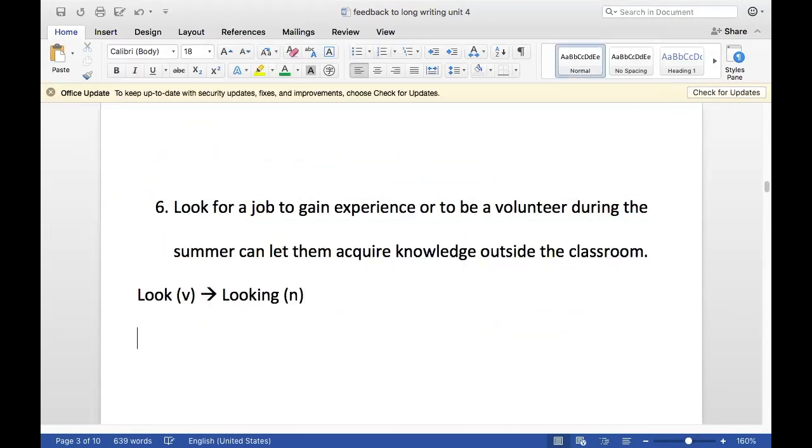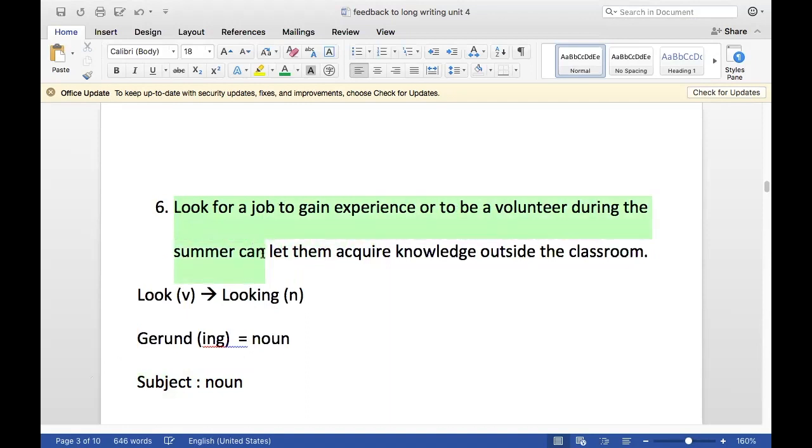Remember the general rule: a gerund, that means a verb in ing, is treated as a noun, okay? And the subject of a sentence is usually a noun, okay? You need a noun here as a subject.